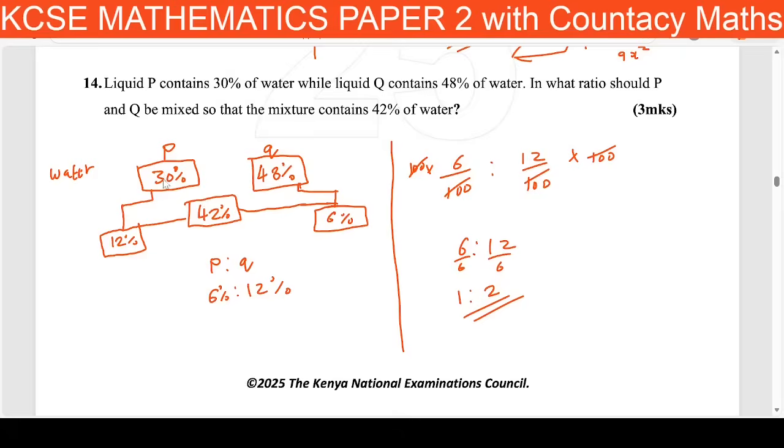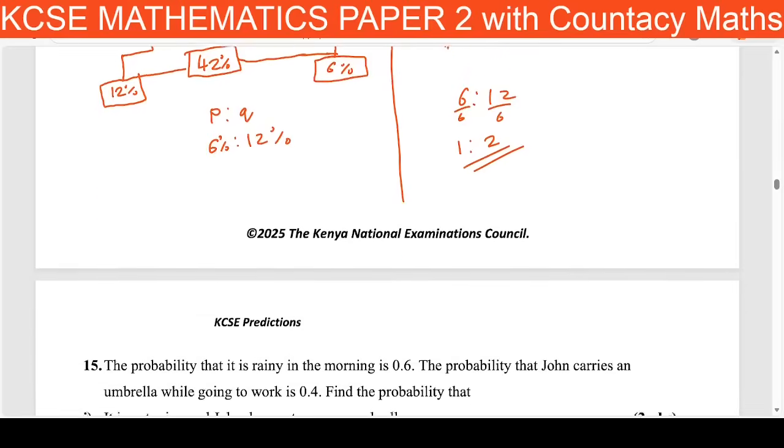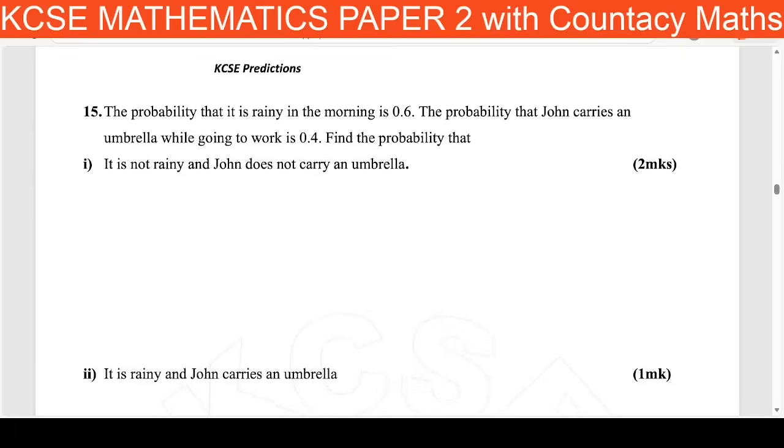Therefore, to be able to get a higher percentage than this one, that implies that this one must have been a higher proportion, which is 2, a higher proportion than this one. So that is exactly how you are really supposed to go about that. So let's go ahead and check out the next question.